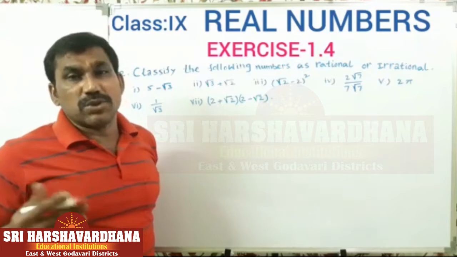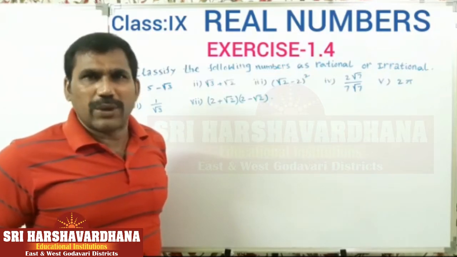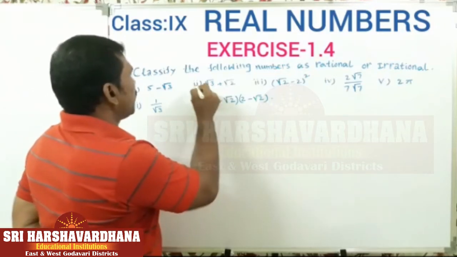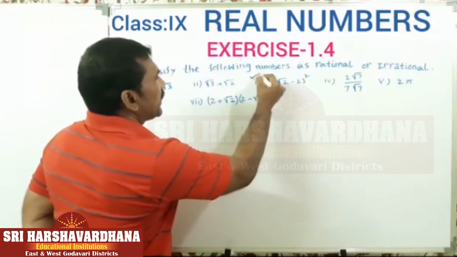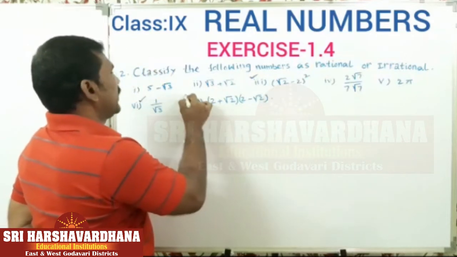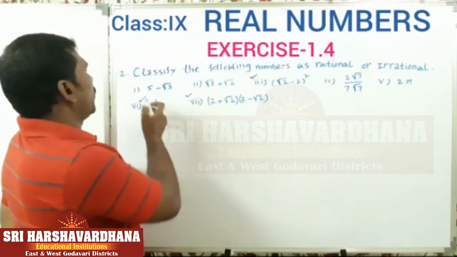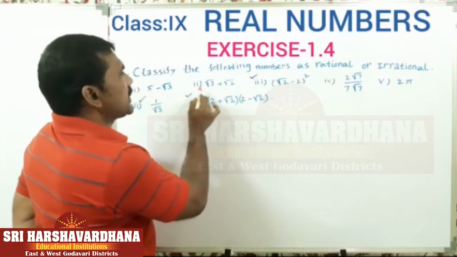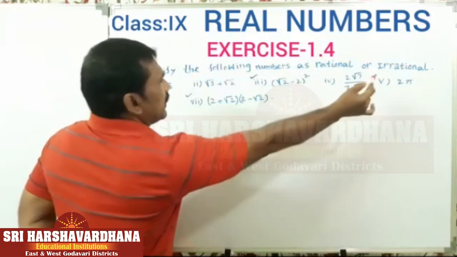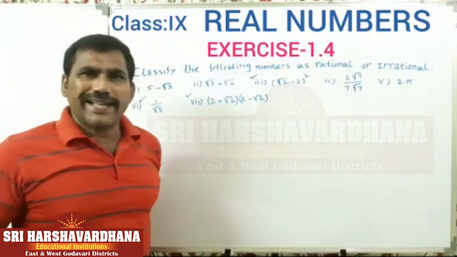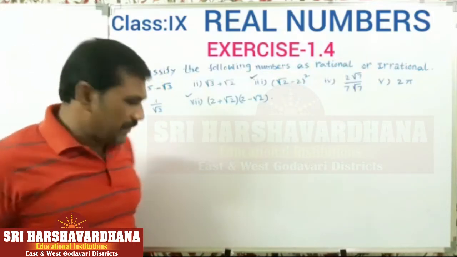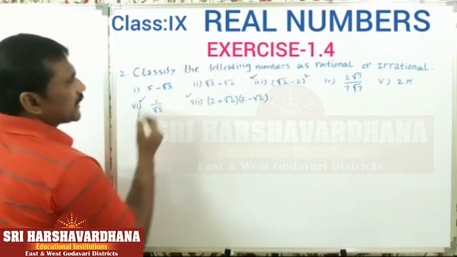Remaining sums do as homework. I will explain the third one, sixth one and seventh one. The remaining 4 problems, first one, second one, fourth one, fifth one, do as homework. Now I will explain the third problem.